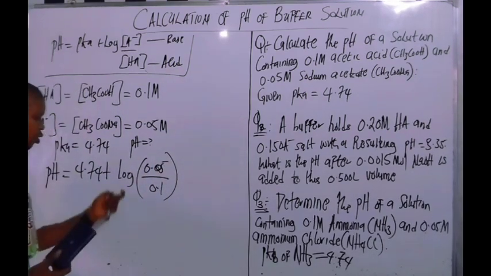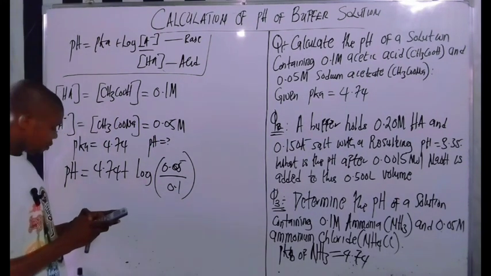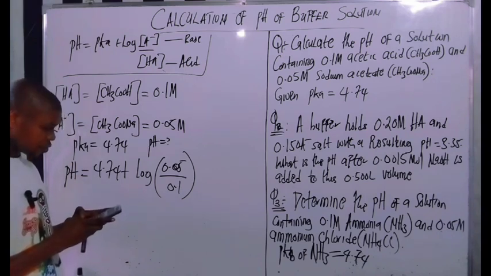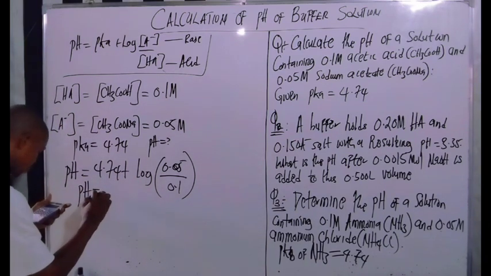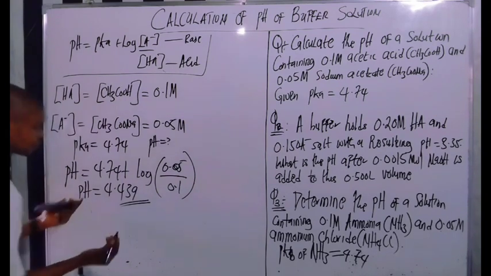So what I want to do here is log 0.05 divided by 0.1, plus 4.74. So pH equals 4.439.